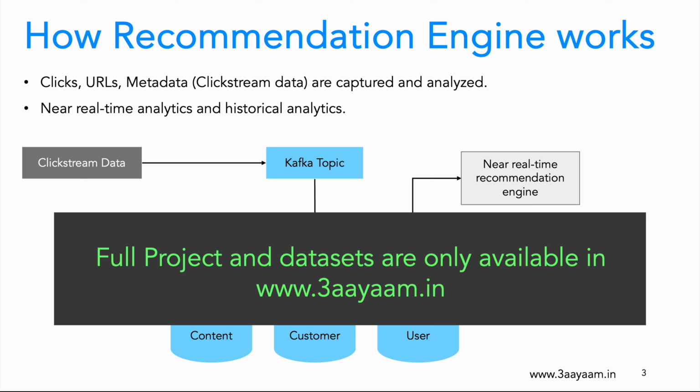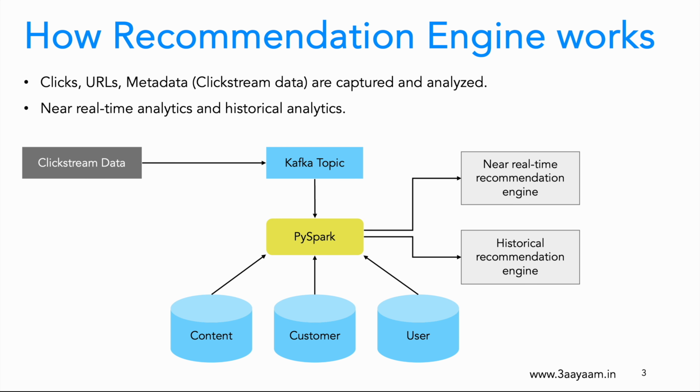You can imagine for platforms like Netflix, Amazon Prime, YouTube, Hotstar, Jio Cinema, etc., there can be terabytes of data per day which are getting captured. Those data are sent to a centralized server, and near real-time analytics and historical analytics are done using that data. The clickstream data captured using clickstream tools like Google Analytics, Adobe Analytics, etc., is sent to a Kafka topic, and from there it is read and processed by PySpark or Spark Streaming.